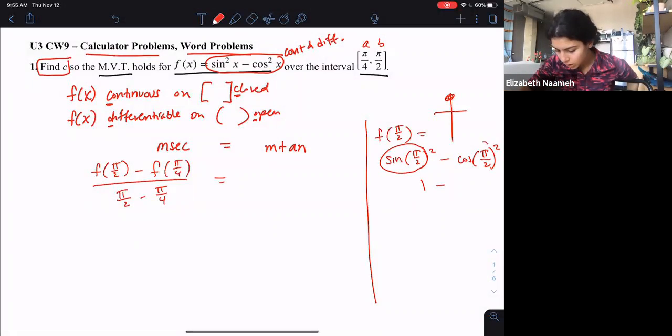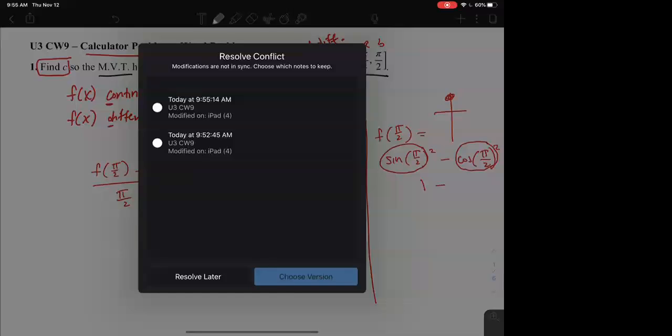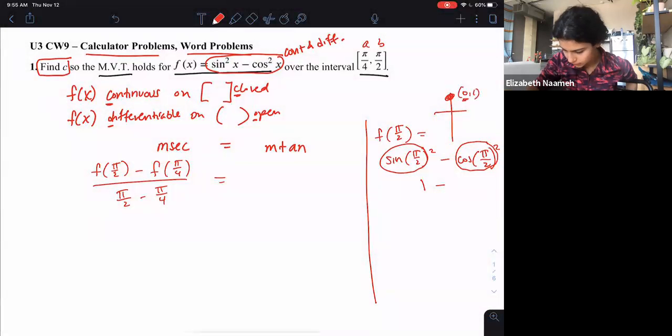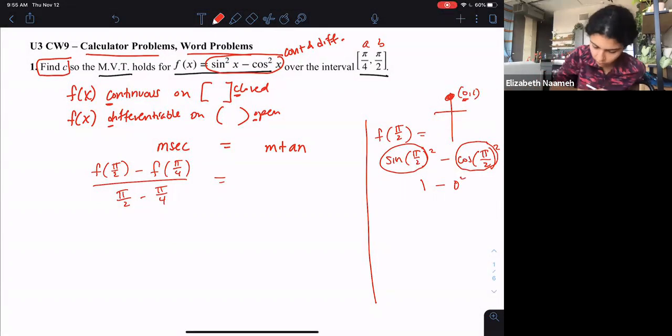Let's do cosine. Is cosine the x or the y? X. And at this point, the x is 0 squared. So our numerator is just 1.